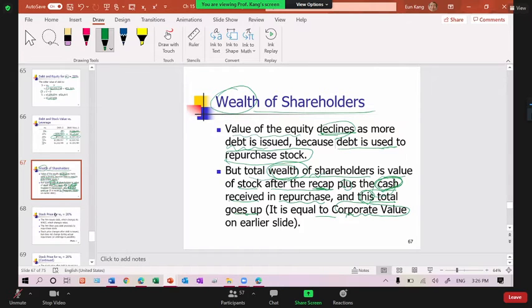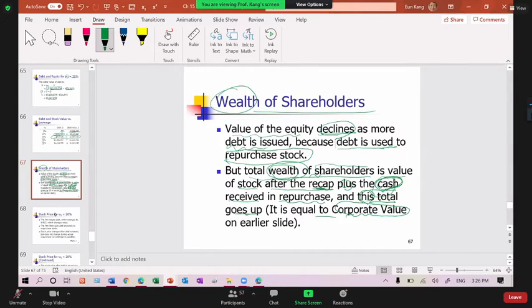Original stockholders still have that cash. So cash plus equity, that is total value. That is the total wealth of shareholders. Company value actually stays the same. The company value is debt plus equity.